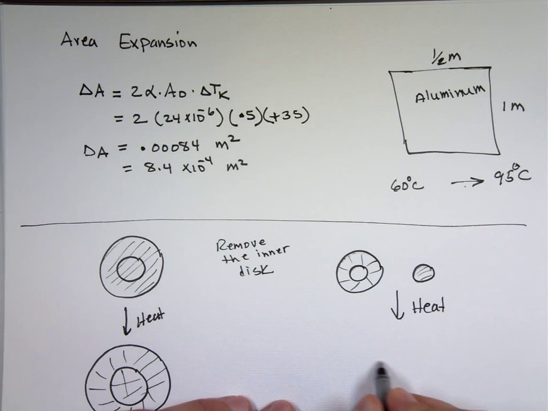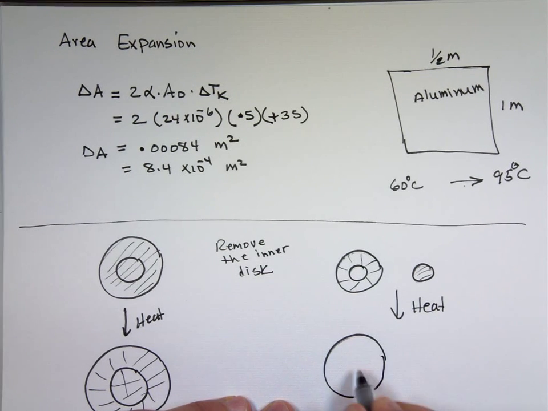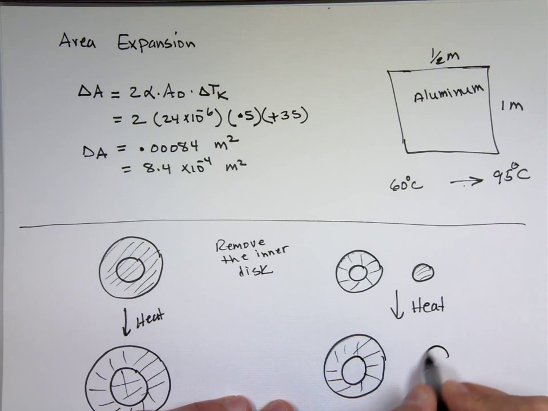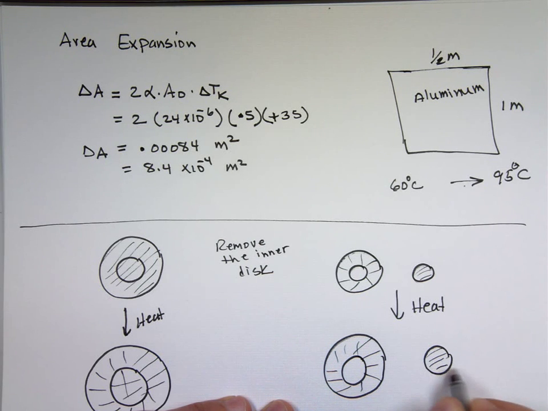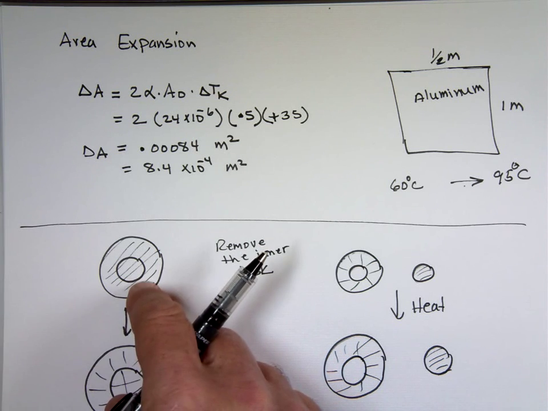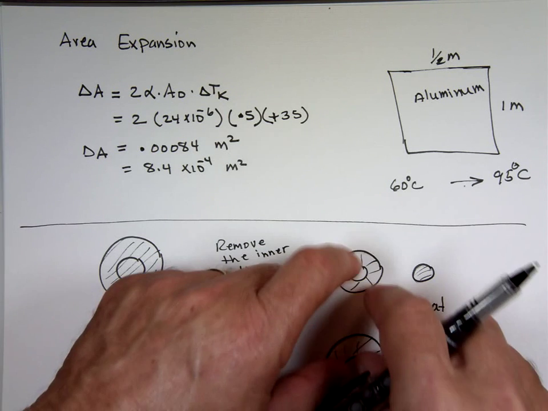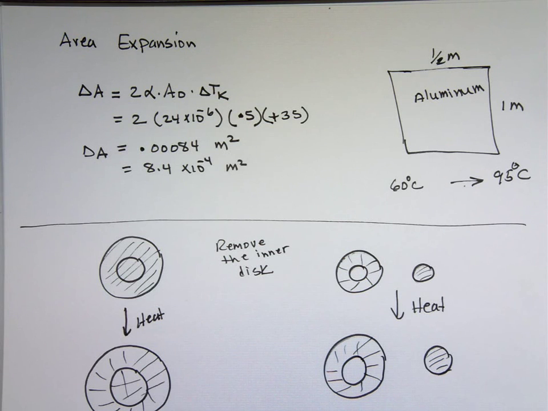So this will be a little bit bigger. And this will be a little bigger if you heat it. The question, which one is bigger? Is this one bigger if you leave it like this, or if you put the hole in it first, then heat them? What do you think?